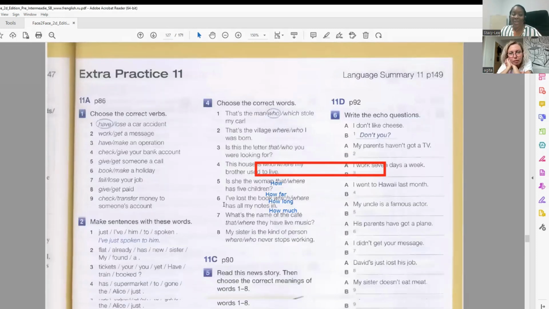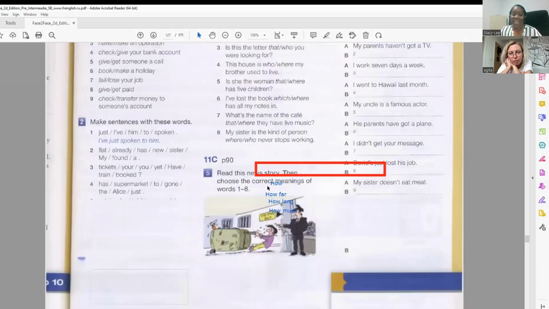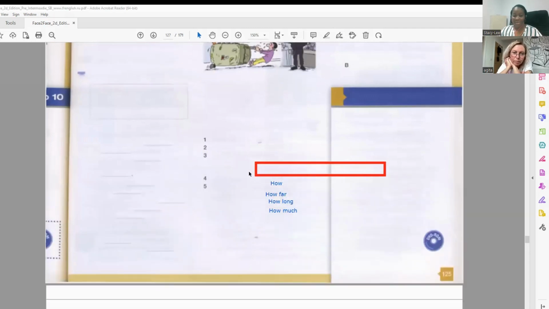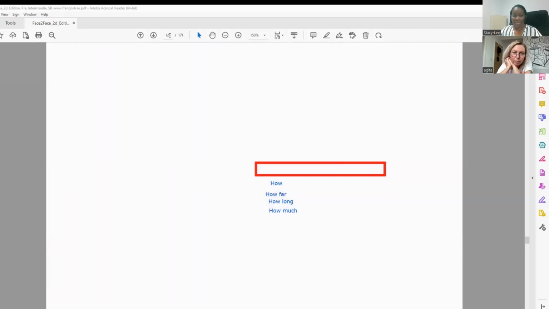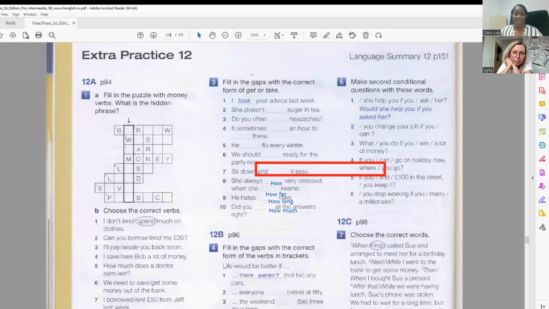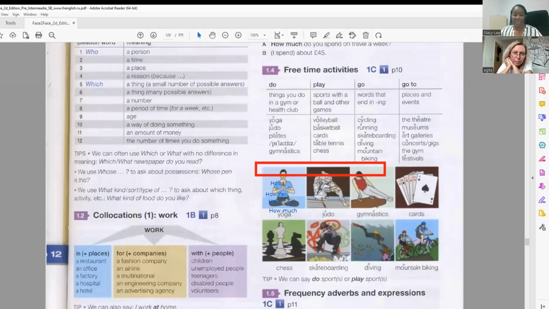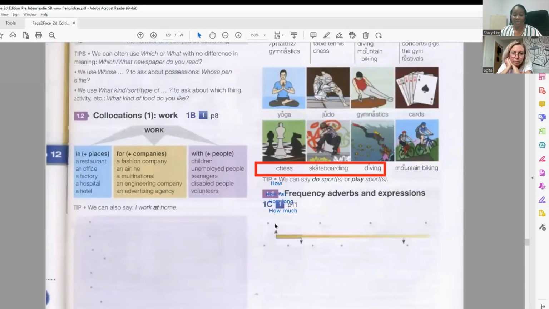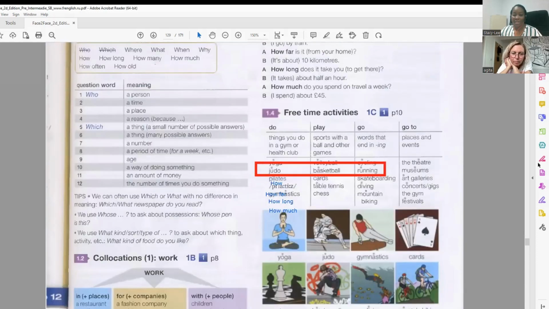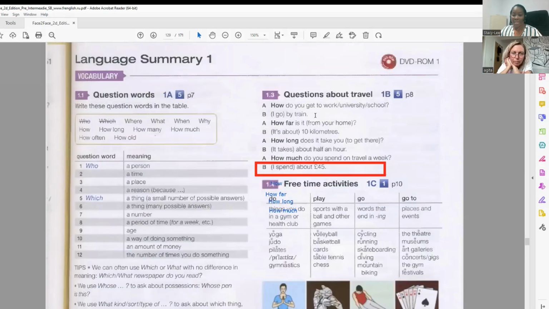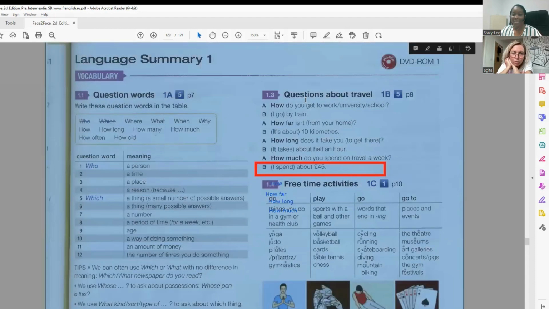Let's check to see where we are with this. So completely right.